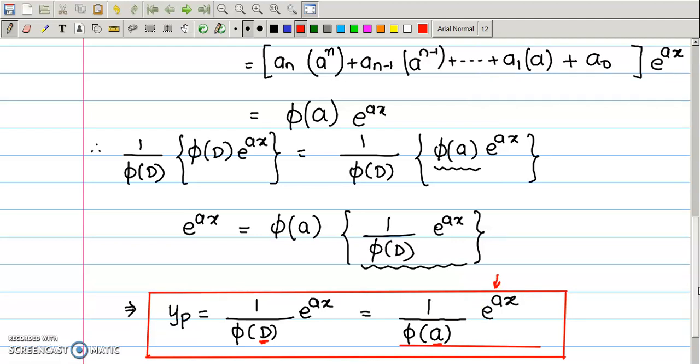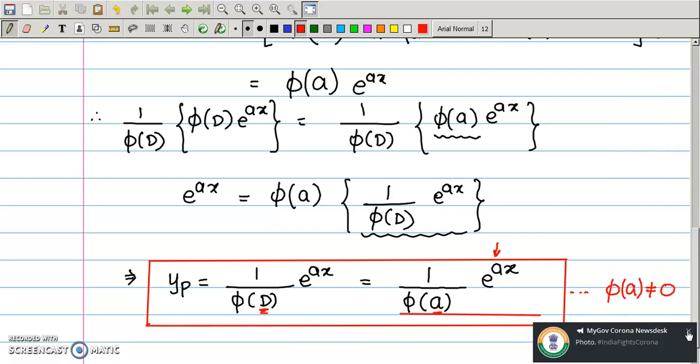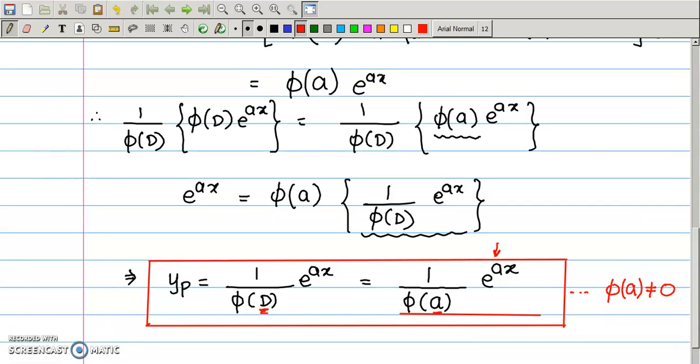So this is our formula for evaluating particular integral of an exponential function, provided that here condition must be this D is equal to a is not root of auxiliary equation, that is phi of a is a non-zero term. If it is 0, then we have to use another method of solving.